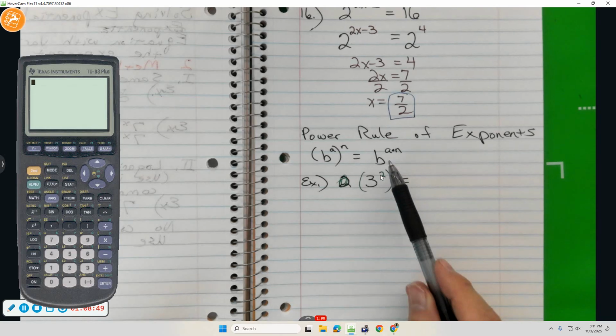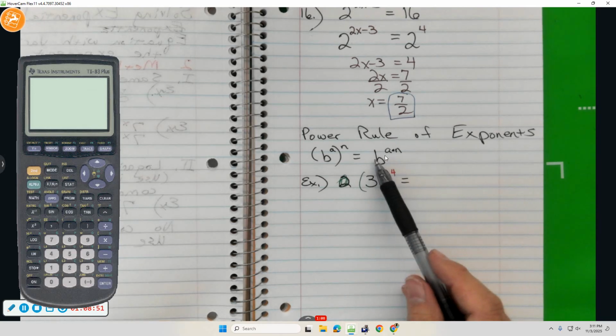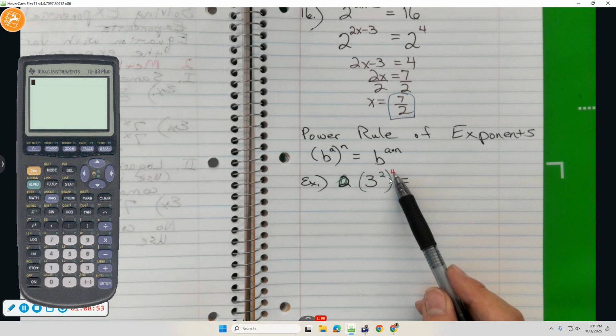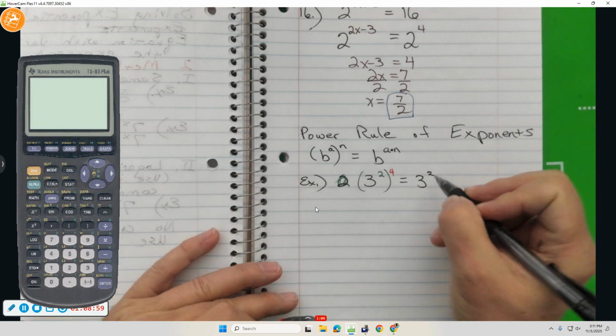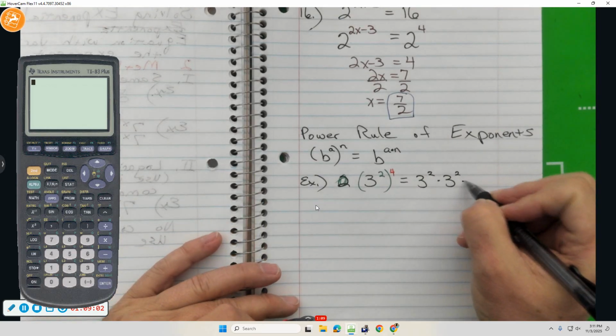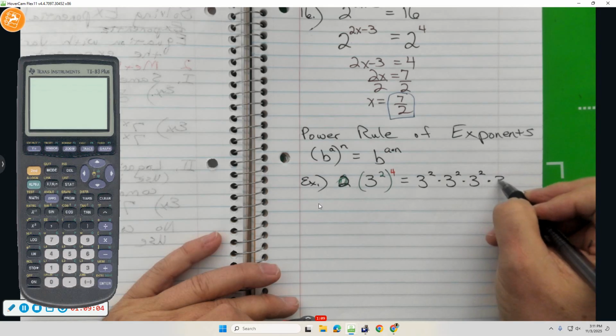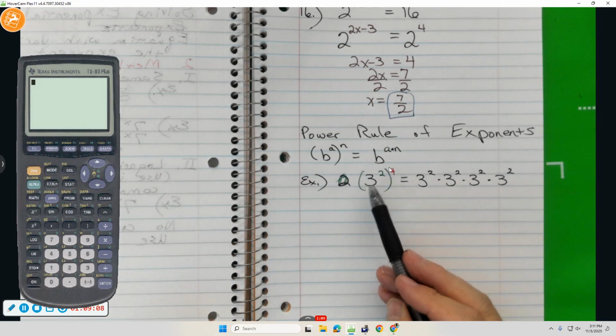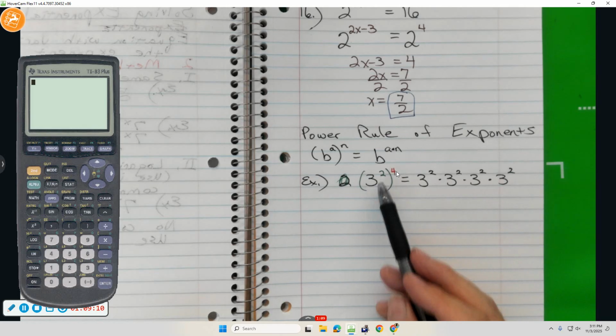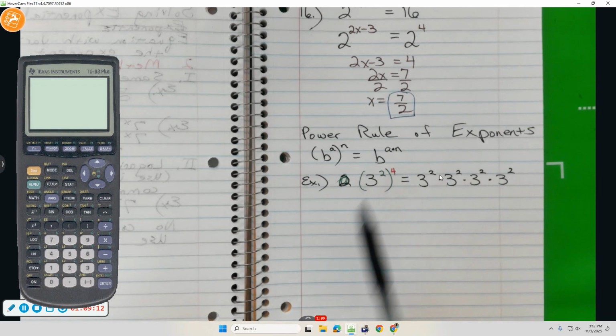I'm just trying to justify this property here, okay? That outside 4 says you have 4 factors of 3 squared. So you have 3 squared times 3 squared times 3 squared times 3 squared. Now what does 3 squared mean?